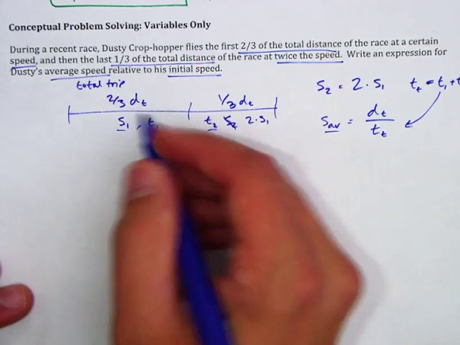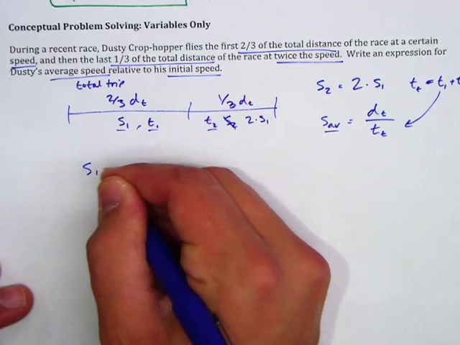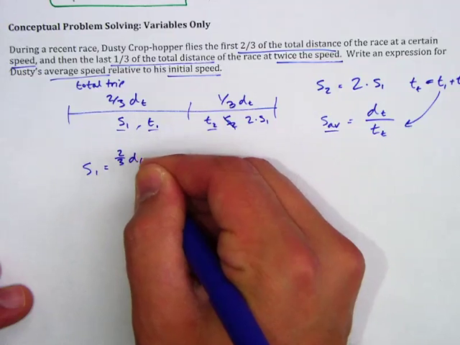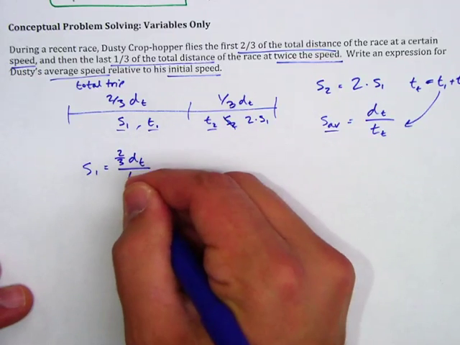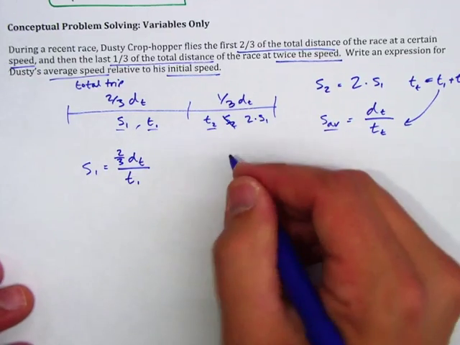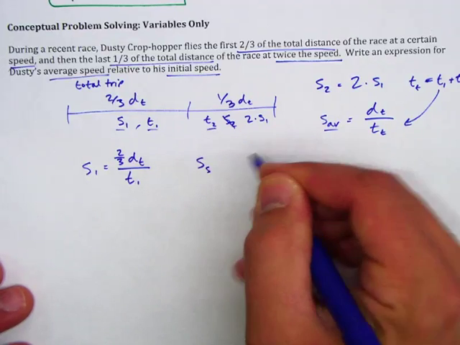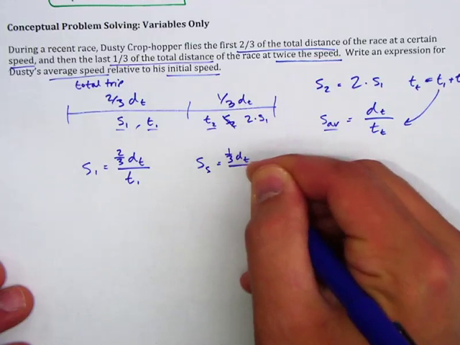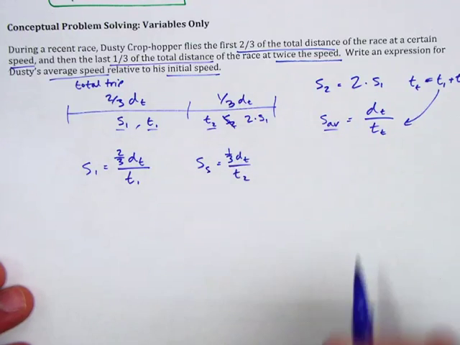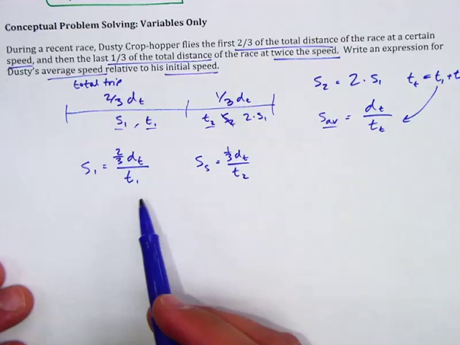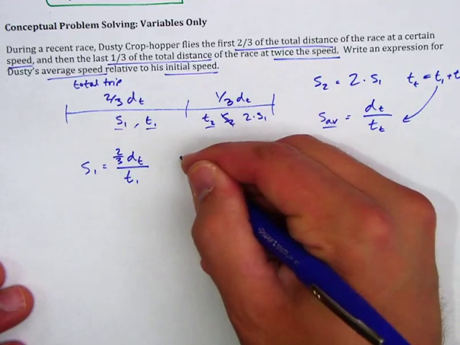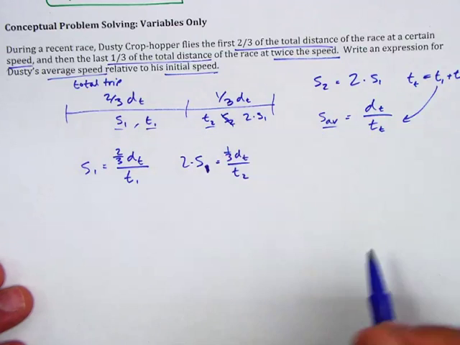So let's use my speed equation, which is just distance over time, for my two sections of motion, 1/3 d total over time 2, okay? And since I want speed average in terms of speed 1, oh, this is, sorry, 2 times speed 1.